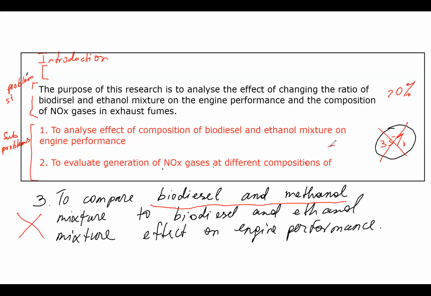Let's say we are starting the research and we have no equipment to deal with NOx gases. Then we have to go in some other direction and we end up looking at methanol and biodiesel. In that case, we have to come back. We have to change our problem statement, change our sub-problems, get rid of this if it did not work, like we just don't have equipment to do the measurements. Hence, the entire thing should be changed.